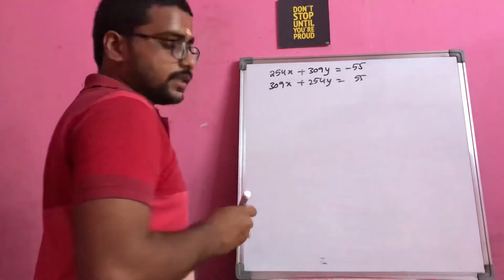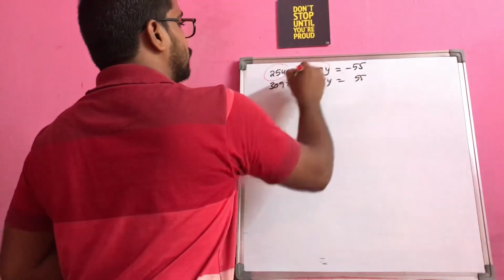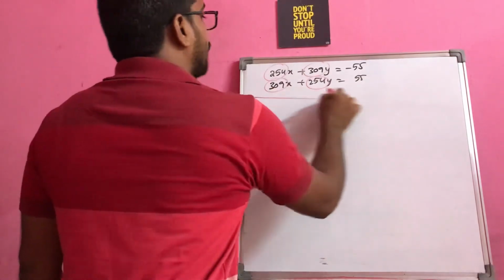Now again you observe here the same coefficients were given for x and y in both the equations, 254, 254, 309, 309. So add up these two initially.